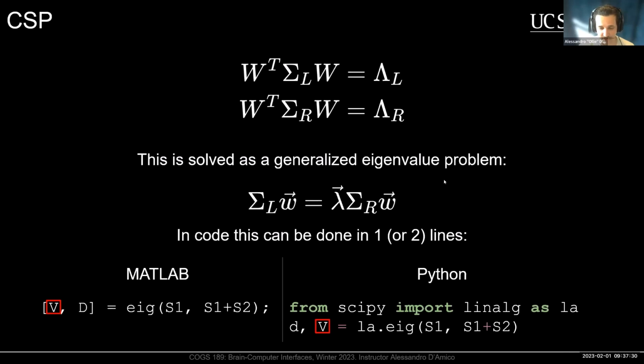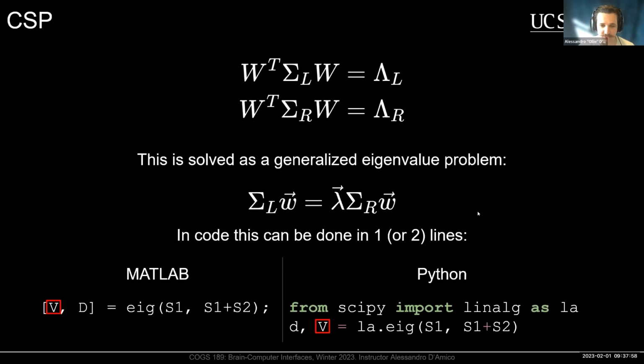There's some Lagrangian analysis, and I am nowhere near good enough at math to walk anybody through that proof. So you'll just have to read the Blankertz paper, for example, the 2007, aka 2008 paper, that'll talk about why this works. But there are also proofs for why generalized eigenvalue problems can be solved in this way.